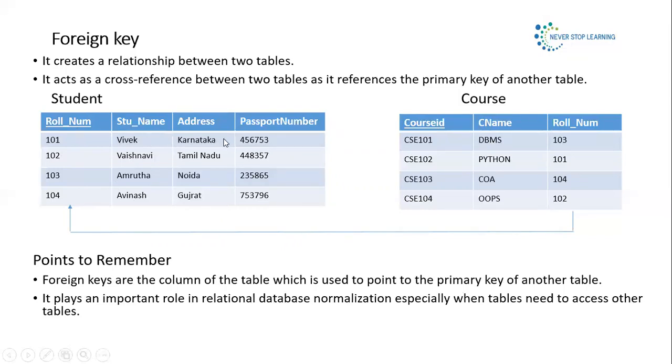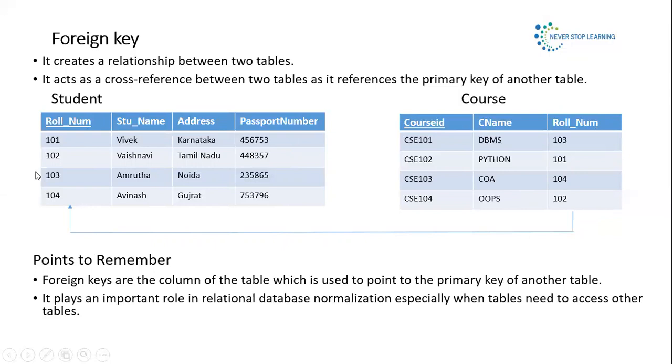Now here student name, address and passport number are there, and here course name and roll number are there. Here this roll number is acting as a primary key, but you can see this roll number is also here and this arrow is coming and referring to it. That means this roll number here is acting as a foreign key for the course table.